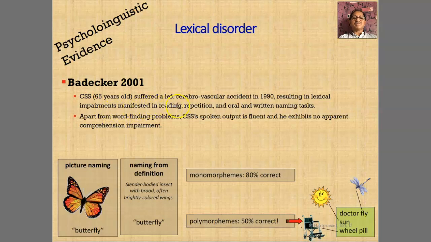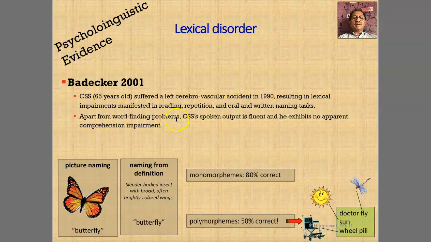That means there were some problems with his language, manifested in reading, repetition, and oral and written naming tasks. So he had a problem in reading, repetition, and oral and written naming. When asked to name, he has problems, either oral or written.